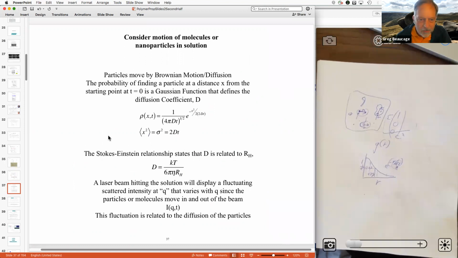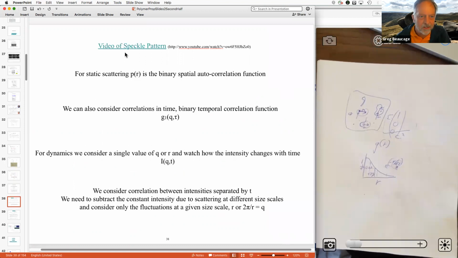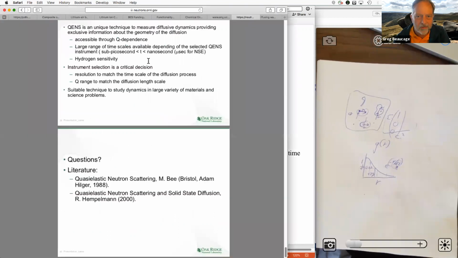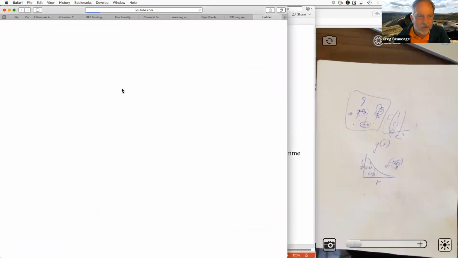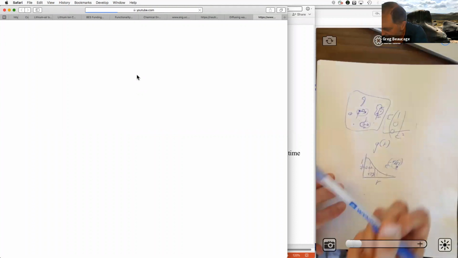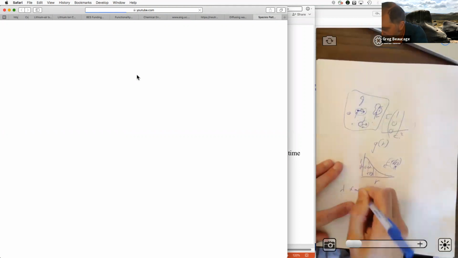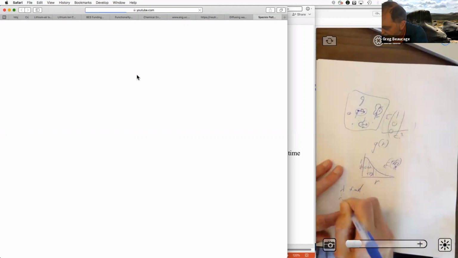The speckle pattern here, there it was. View speckle pattern. So just grab that guy. Hopefully this works. Actually, I didn't check this, but it's just a video of what the speckle pattern is, if it works. Basically, the laser, because a laser has special features, it's monochromatic, so lambda is fixed, and it's collimated.